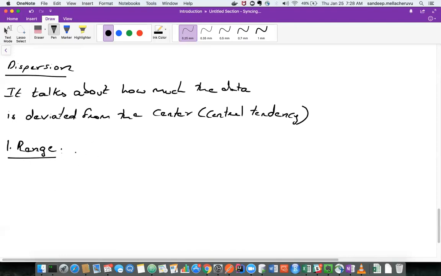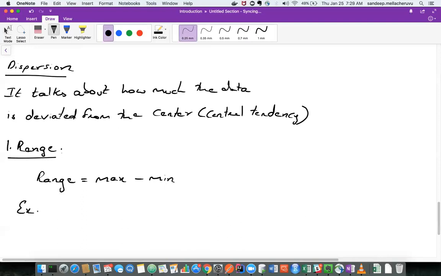Range is nothing but maximum minus minimum. It's one of the simplest statistics that you can compute. Just get a maximum, get a minimum, subtract minimum from maximum.